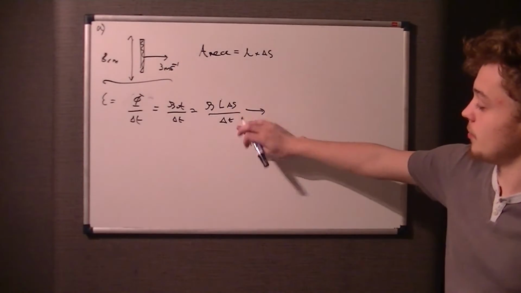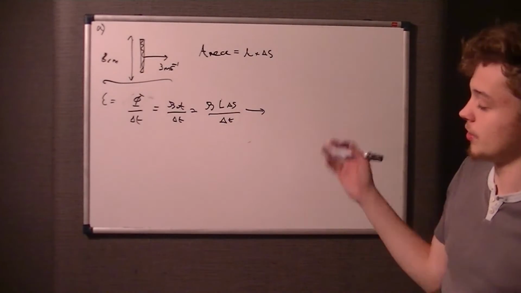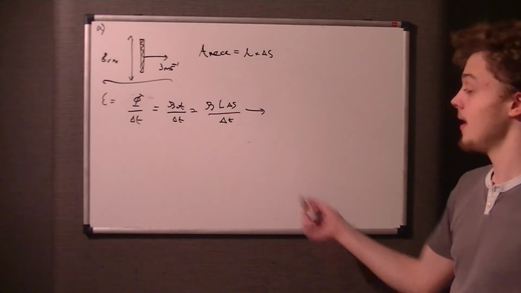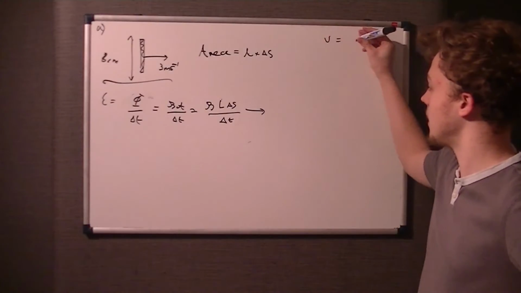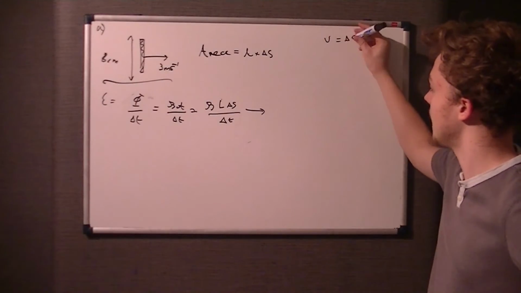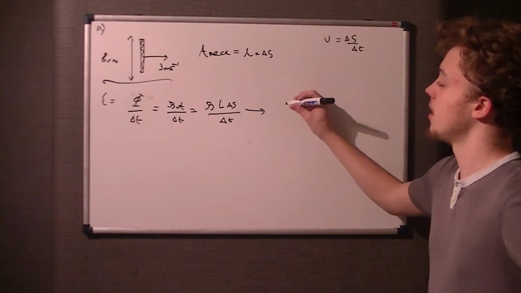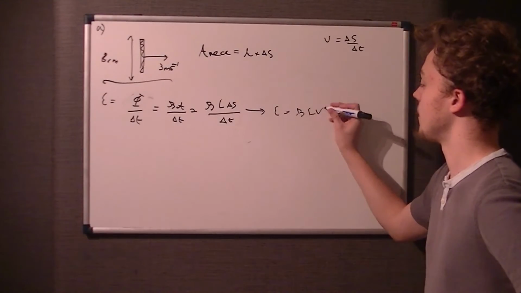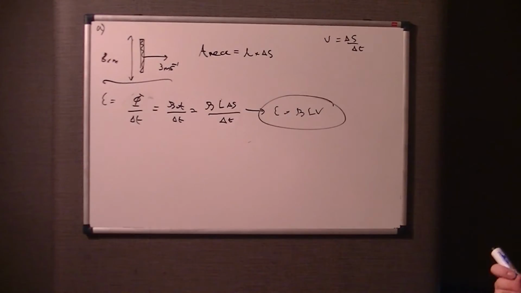Delta S over delta T is the velocity, V, so therefore the EMF is equal to BLV. I know it's not a very good explanation, but we'll just arrive at that.